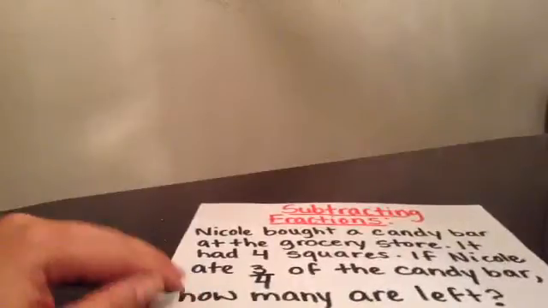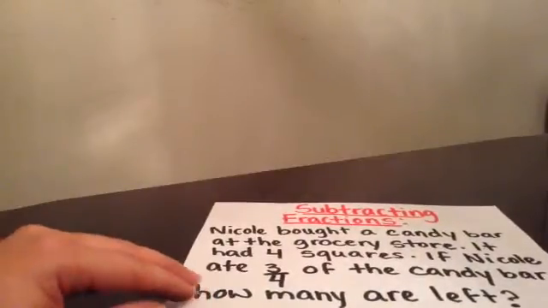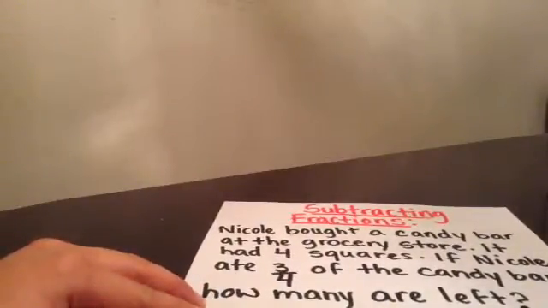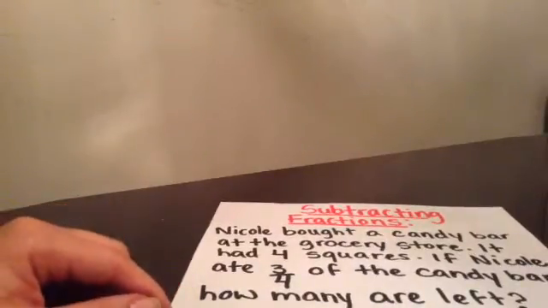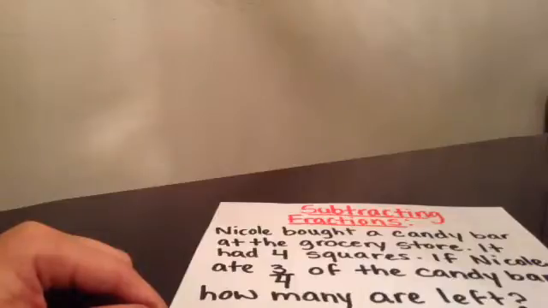So now let's do a subtraction. And our problem says Nicole bought a candy bar at the grocery store. It had 4 squares. If Nicole ate 3/4 of the candy bar, how many are left? Okay?